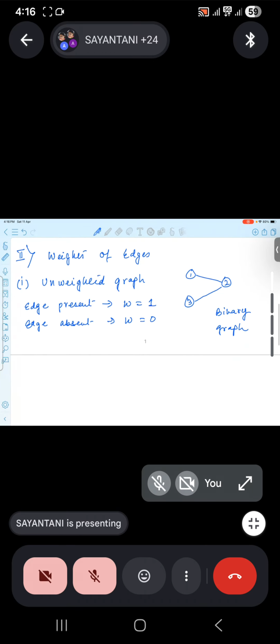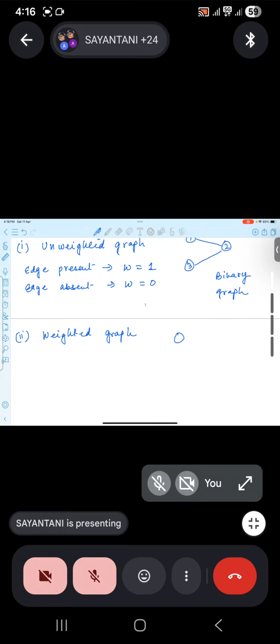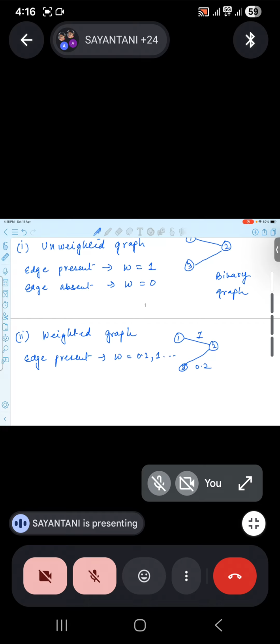And the second type can be a weighted graph. So your edges will have some weights. Apart from being binary, it can be something else. Again, if the edge is present, we can have different types of weights like 0.21 and so on.